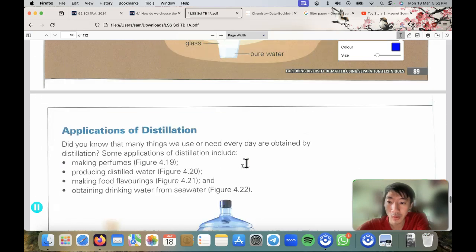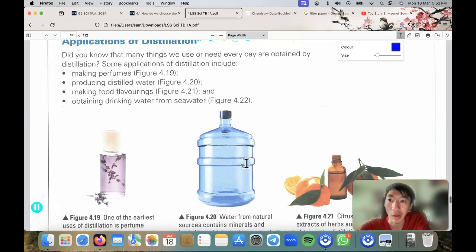Okay, so distillation is very useful, right? We make all kinds of products with it nowadays. For example, perfume, your Chanel No. 5, your Hugo Boss or whatever kind of thing. All these perfumes, actually they have to use distillation to create the perfume. To get distilled water, now distilled water has another name, and you can just call it pure water. Okay, distilled water is actually very clean.